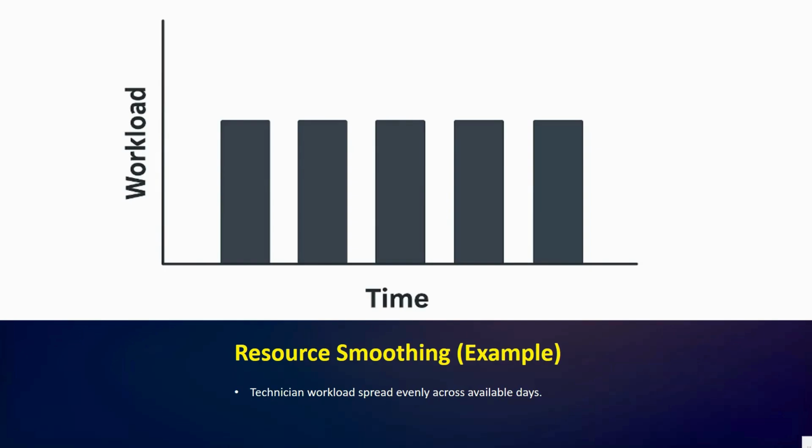So instead of allowing this uneven workload, we reschedule some of day 1's tasks into day 3. Okay, so this balances, you can say, the technician's workload, but keeps the overall project finish date unchanged.